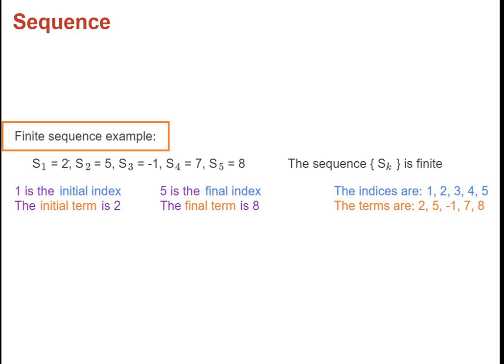S1 is 2. In this case, the sequence is being represented by the letter S, and k is the index. There's only 5 elements in the sequence. You can see the indices are 1, 2, 3, 4, 5, and the terms are 2, 5, minus 1, 7, and 8. The 5 is the final index, and 1 is the initial index.